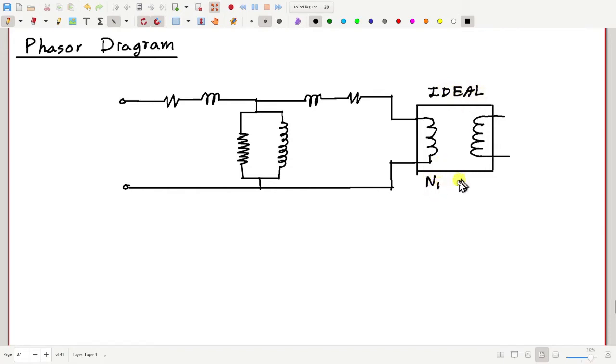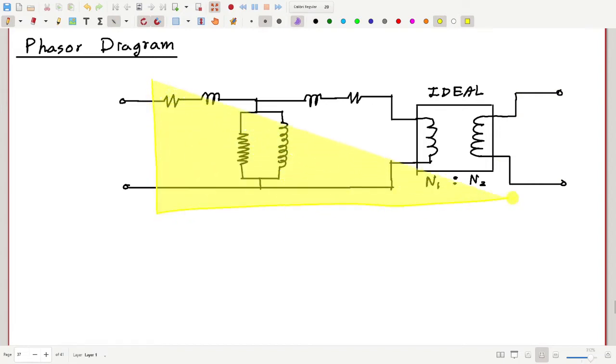Suppose N1 is to N2 is the turns ratio. And then this entire thing represents a practical transformer, actual transformer.